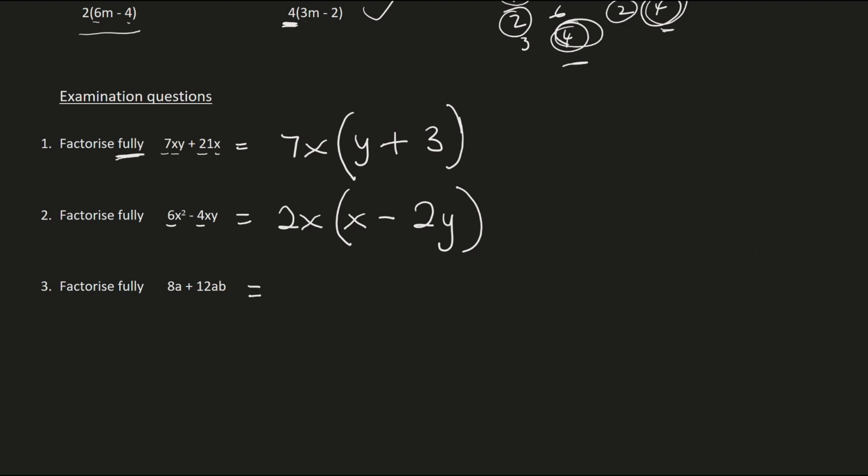Now to do this, look out for the highest common factor for 8 and 12, which is 4. a is common to both sides, so we factorize a out. There's nothing else. b is not common to both sides, so we open brackets. 8a divided by 4a gives me 2. Add 12ab divided by 4a gives me 3b.